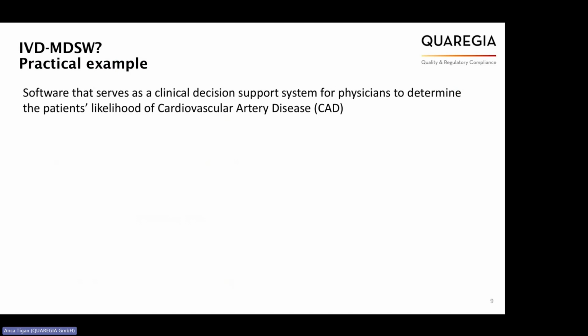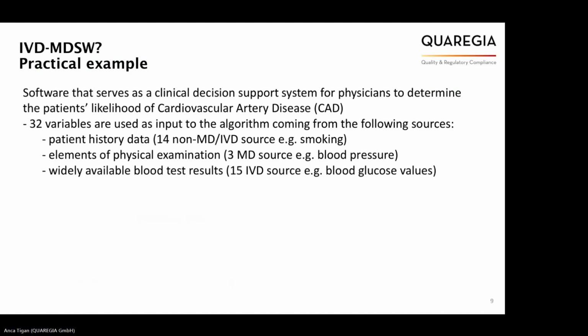So this would be an AI model that would calculate, or score, the likelihood of cardiovascular artery disease. In order to run this algorithm, 32 variables are used as an input, and they come from the following sources.